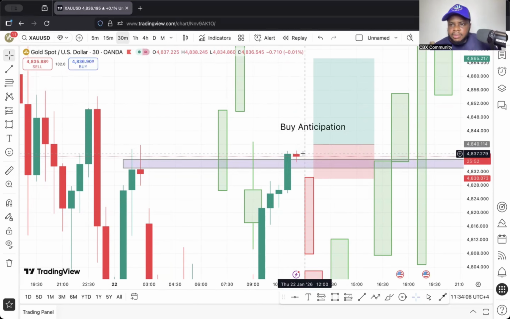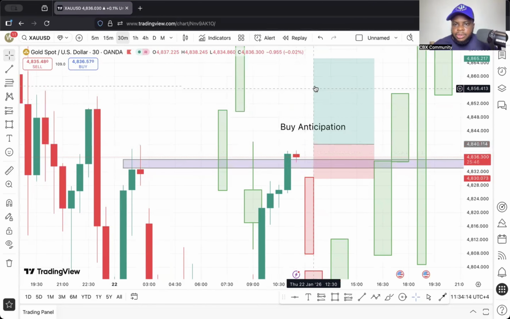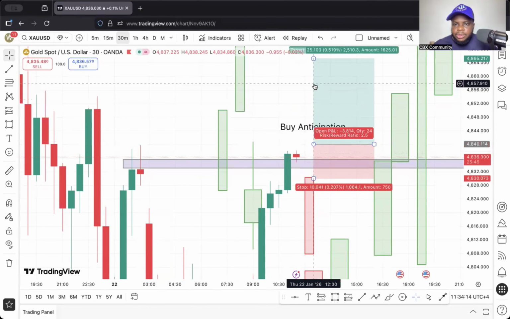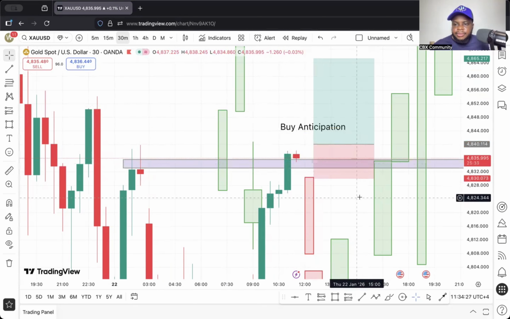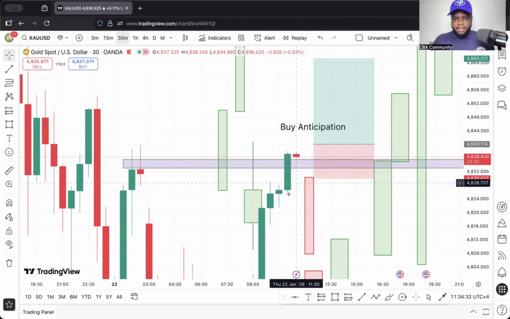But there is volume in the market since this is the London session, so we are anticipating it to continue to move up to get to our TP. So we are still anticipating this candle to continue to go up. Let's see how this candle will print. But this candle should be able to respect the low of this bullish candle over here.